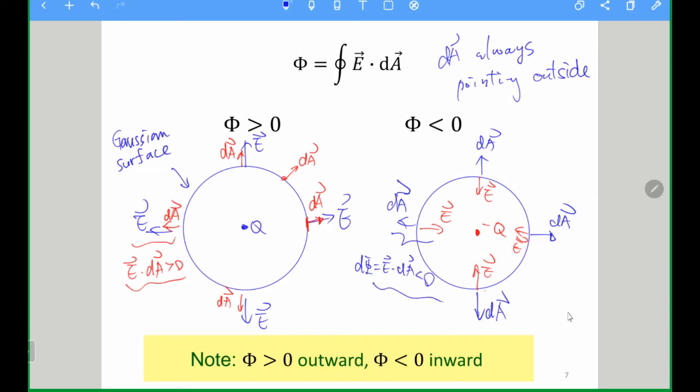You add up many negative values, so the net flux will be a negative value. So in this case the E field tends to flow into this surface, and in the other case the E field tends to flow out of this Gaussian surface.